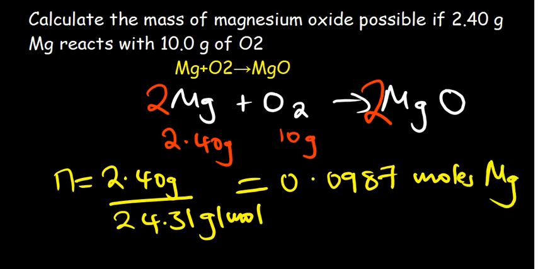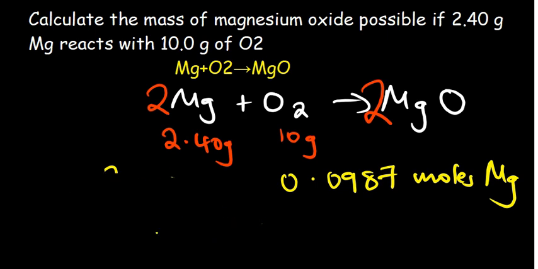Now we can also find the number of moles of oxygen. Equally, we'll do the same. The mass of oxygen was given to be 10 grams, and now we have to divide by the molar mass. Each time you are determining the number of moles, whenever you have a subscript, it is considered in determining the relative molecular mass, but we don't consider the coefficients. We ignore the coefficients, as seen in magnesium, but we consider the subscripts.